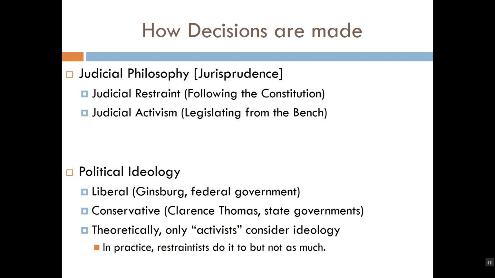Well, the empirical literature suggests that the two most important predictors of how a justice decides to rule in a particular case are that justice's judicial philosophy and political ideology. And we're going to talk about each of these in turn. The term jurisprudence or judicial philosophy, those are synonyms, right?